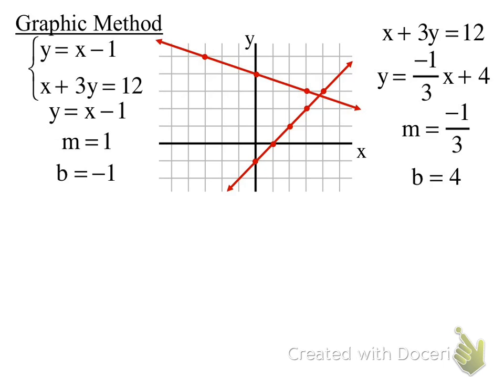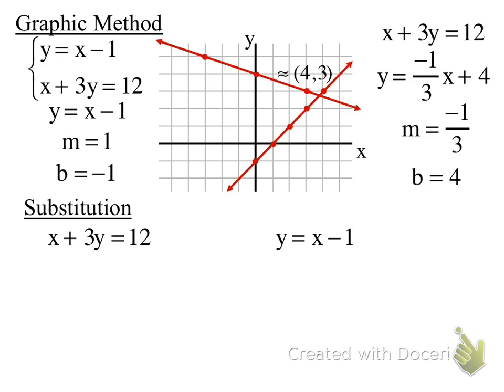I see all the same people are raising their hands. Peyton. Well, it doesn't intersect at a clean point. It's hard to tell exactly where, so we have to eyeball it. It's not a very accurate way to do math. In science, we need it to be accurate. Math is the tool for science. So we use the substitution method.